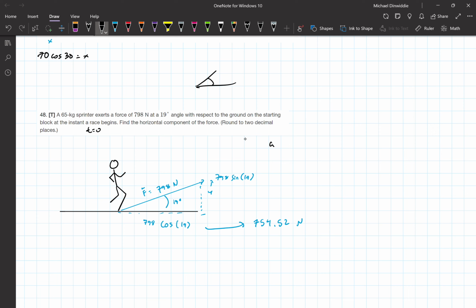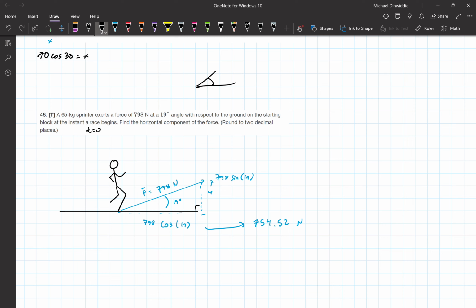Now, if you want one further check to make sure what you did was right too, you can also remember that, like any triangle, a squared plus b squared is equal to c squared, for any right triangle I should say, and all vectors are right triangles. And so we can also do 798 sine 19 squared, plus 798 cosine 19 squared.